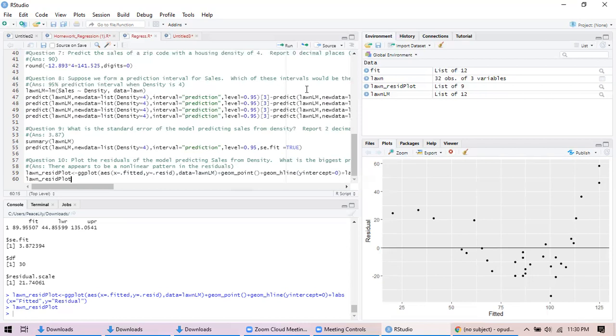A non-random one is usually like a curve. You see a curve here, right? It looks like an S shape. So this right here, I think this just means non-linear.